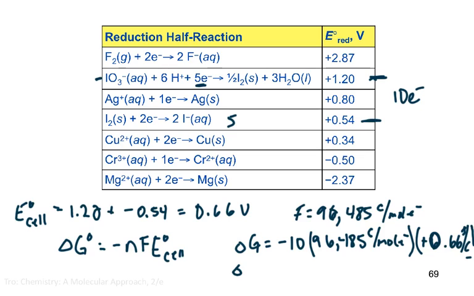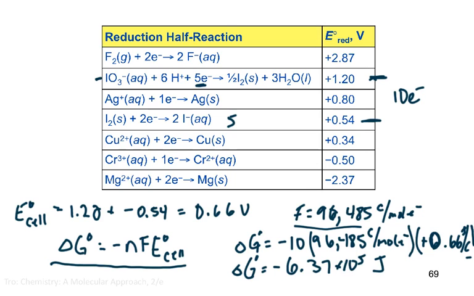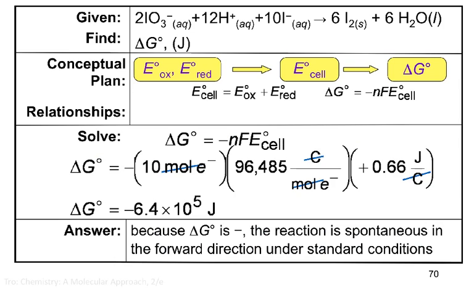So I can calculate my delta G under standard conditions is negative 6.37 times 10 to the 5th joules, because my coulombs cancel, my moles cancel, so I end up in joules. Now, note you will always be given this equation, Faraday's constant. You don't have to memorize those. So negative 6.4 times 10 to the 5th joules. Makes sense.